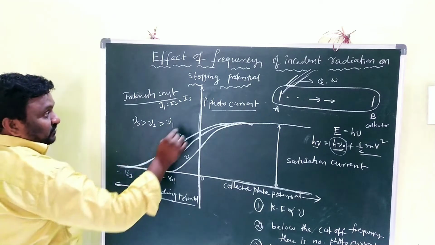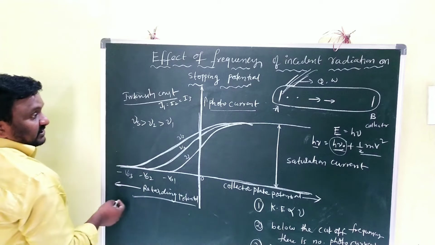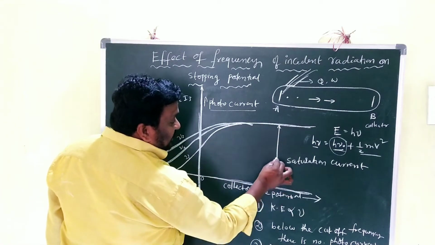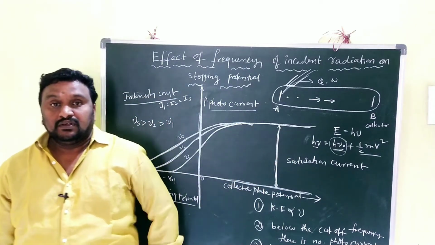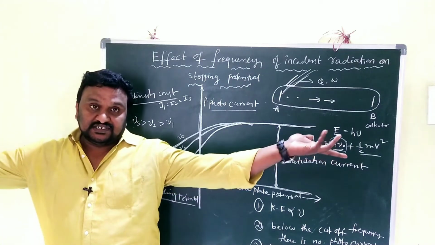From the diagram you have to observe that the value of the saturation current is the same. The intensity is the same, that's why the current is also the same.